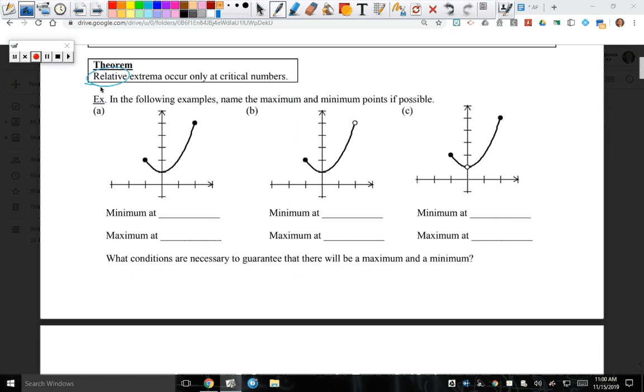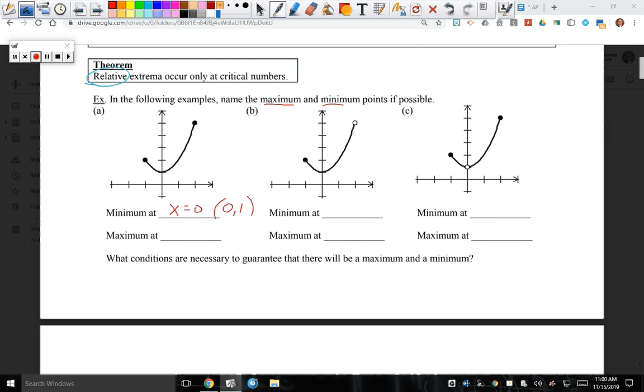Relative extrema only occur at critical points. So look at these 3 graphs. And we're going to look at maximum, minimum points. So what is the minimum? Say again? X equals 0. The point is 0, 1, if this is a scale of 1. Where does the minimum occur? X equals 0.